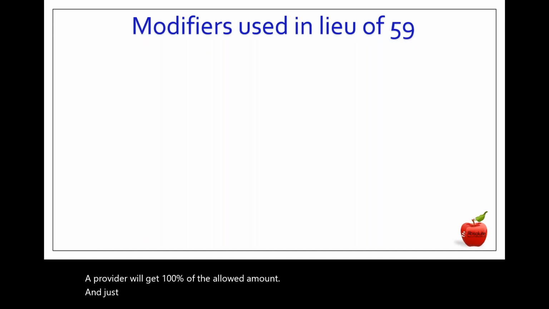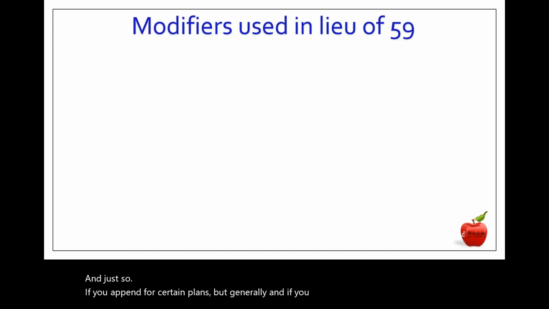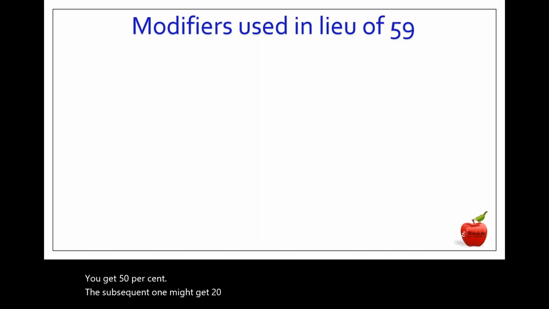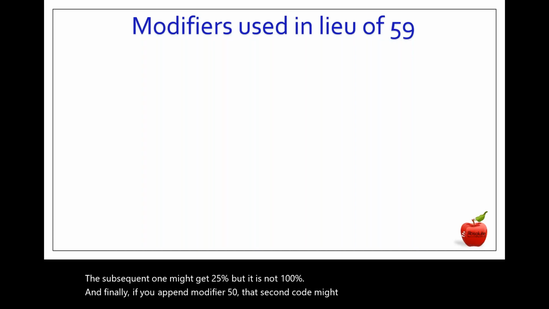And just so you know, for certain plans, but generally, if you append modifier 51, you get 50%. The subsequent one might get 25%, but it is not 100%. And if you append modifier 50, that second code might get 50%.